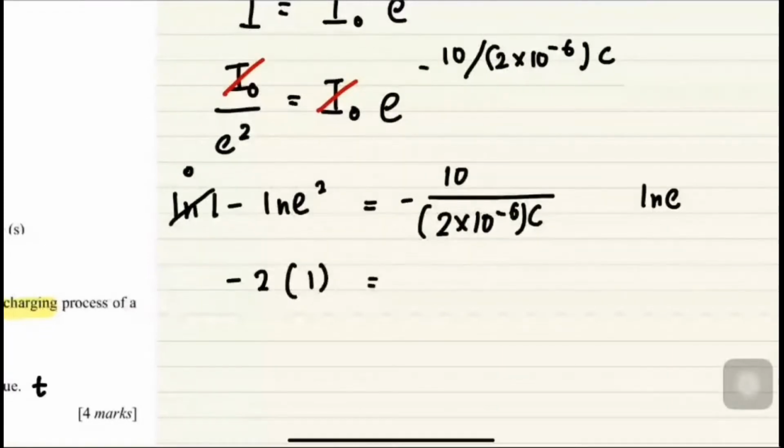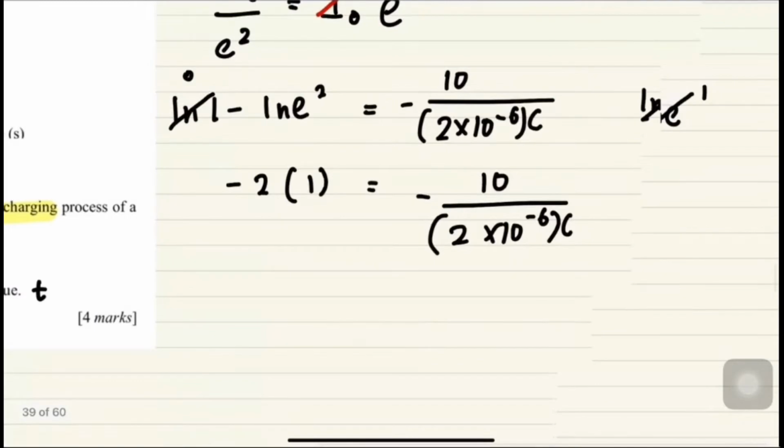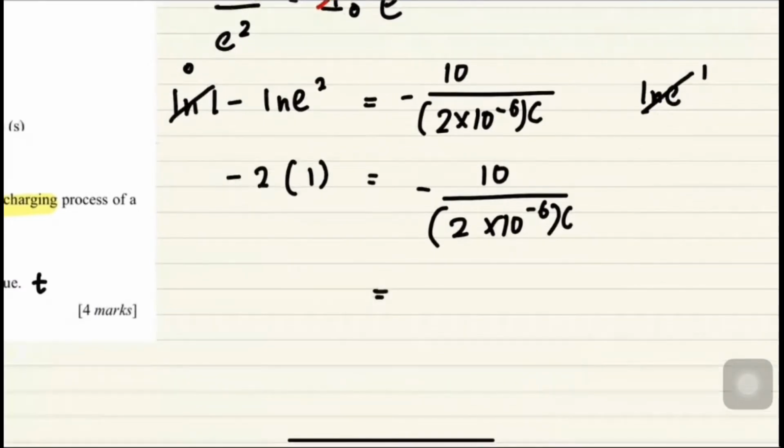So now you're left with 10 over 2 times 10 to the 6 times C. If I bring it to the other side, the negative cancels out and becomes positive. Then you will have 10 divided by 4 times 10 to the 6, so the capacitance is 2.5 times 10 to the negative 6.